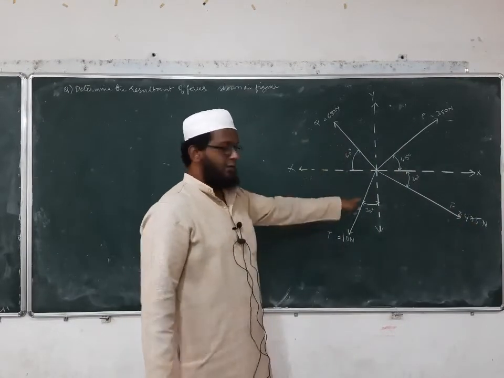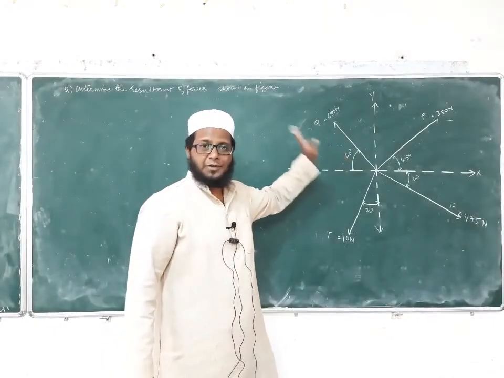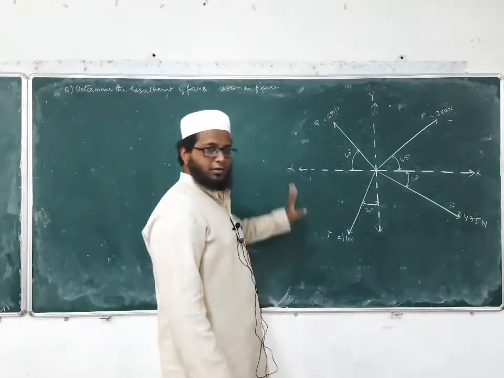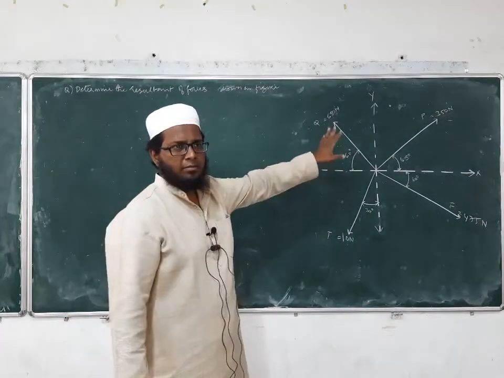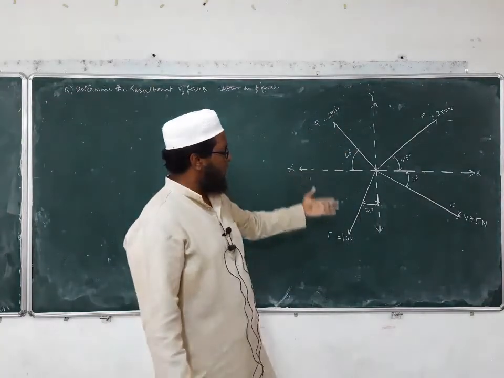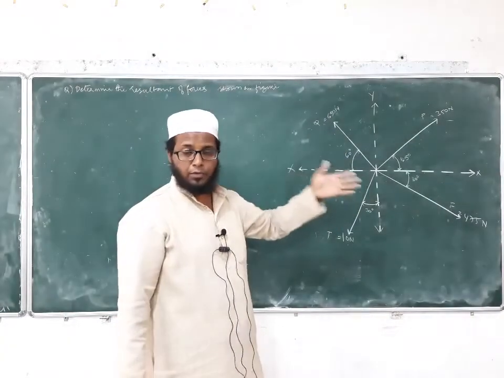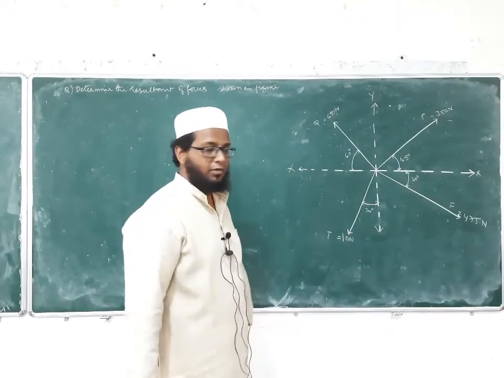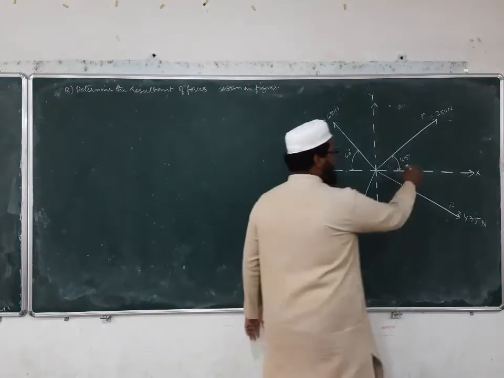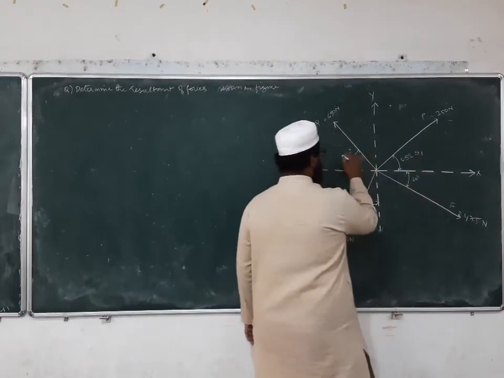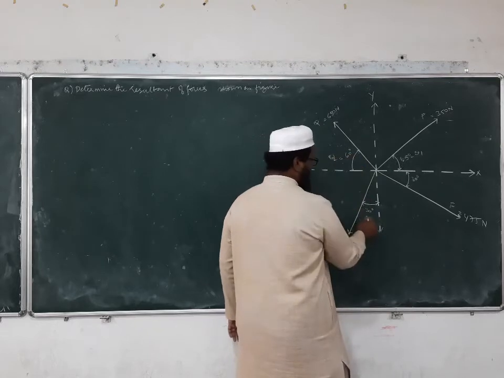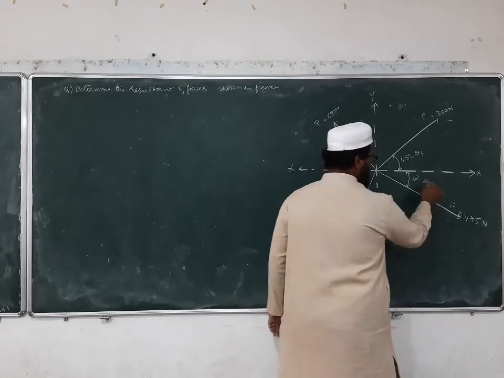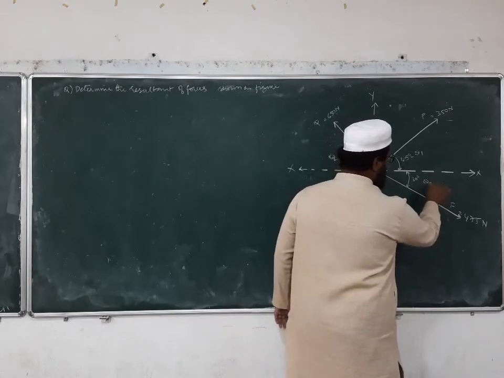P, Q, T, F. Don't keep it R, because R is for resultant. Any name, A, B, C, D, or P, Q, T, F, whatever it may be, it's up to you. Angles, we'll name as theta 1, theta 2, theta 3, and theta 4.